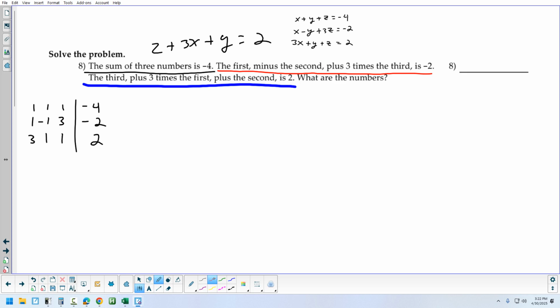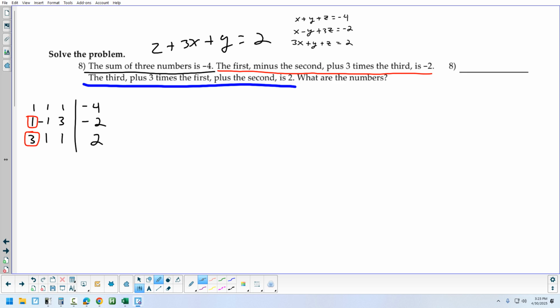What do you want in the row below? The one right under the first one needs to be a 0. And what else are we going to do at the same time? Turn the 3 into a 0, the one on the bottom. So we want to get zeros in those two spots.